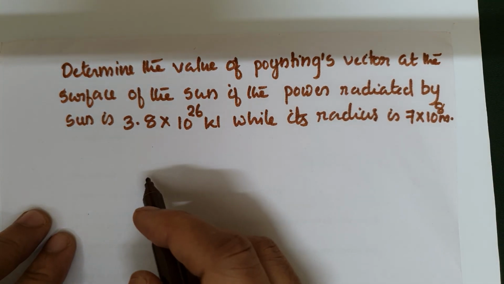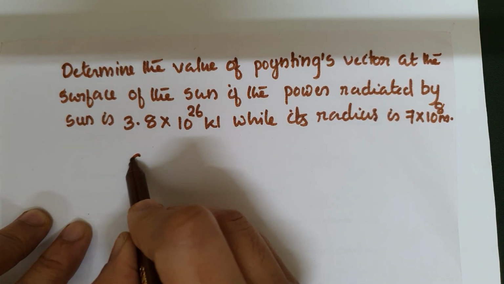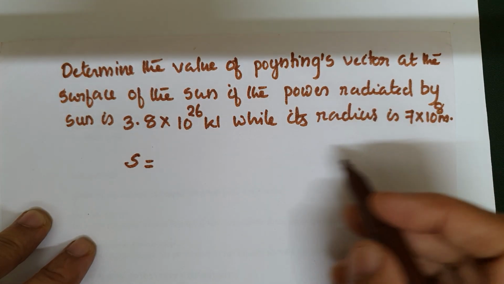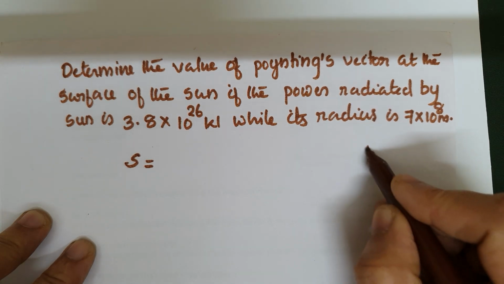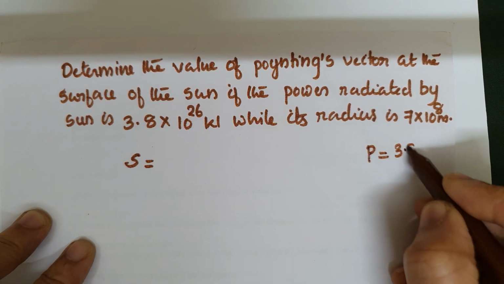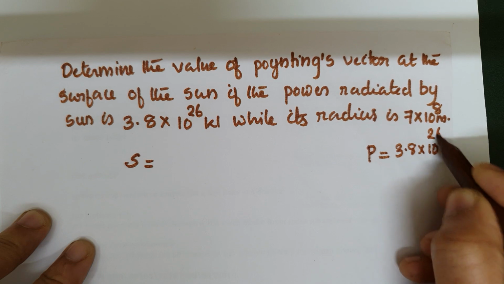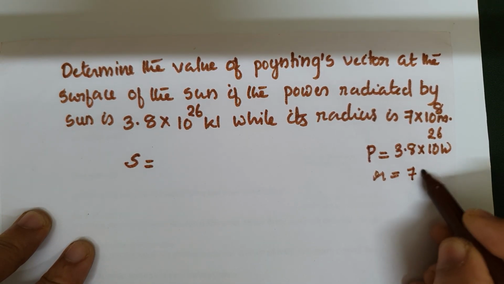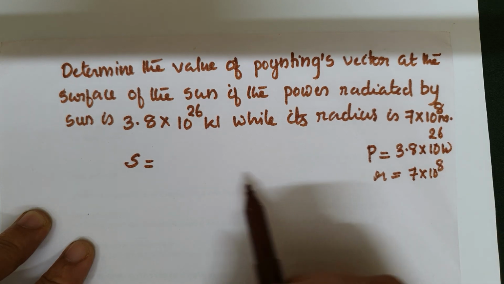So we know that the Poynting vector S is the power radiated per unit area, or the energy per unit area per unit time. So here the power is given as 3.8 into 10 raised to 26 watt and the radius is 7 into 10 raised to 8 meter.